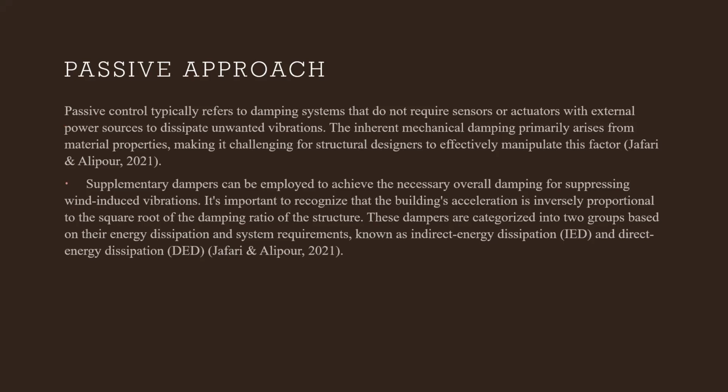Supplementary dampers can be employed to achieve the necessary overall damping for suppressing wind-induced vibrations. It's important to recognize that the building's acceleration is inversely proportional to the square root of the damping ratio of the structure. These dampers are categorized into two groups based on their energy dissipation and system requirements, known as indirect energy dissipation, or IED, and direct energy dissipation.